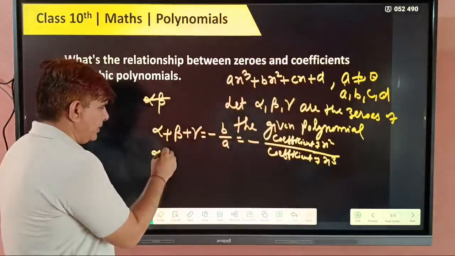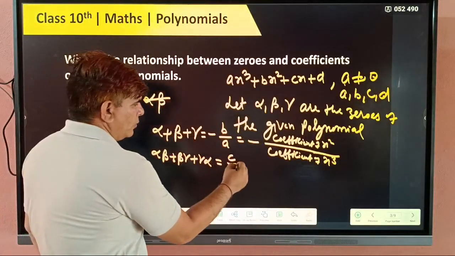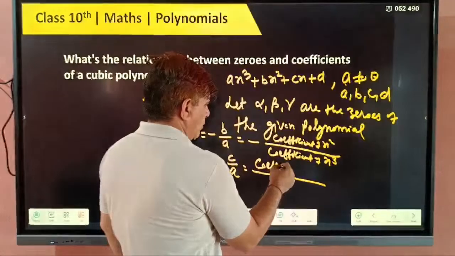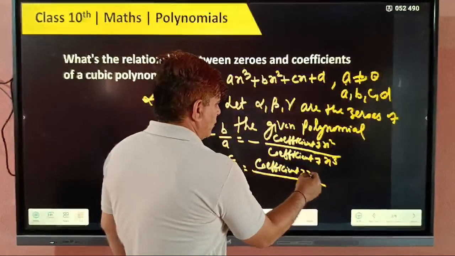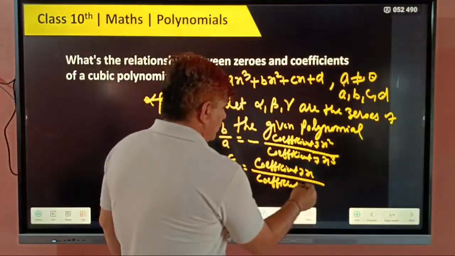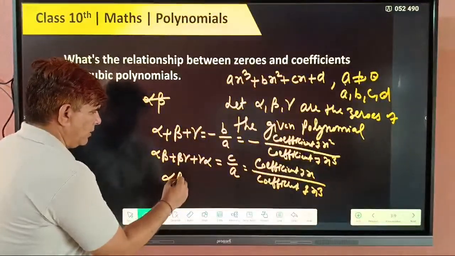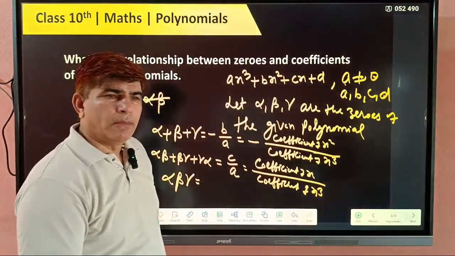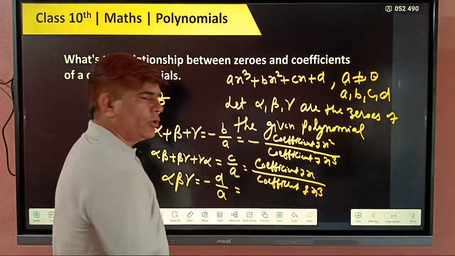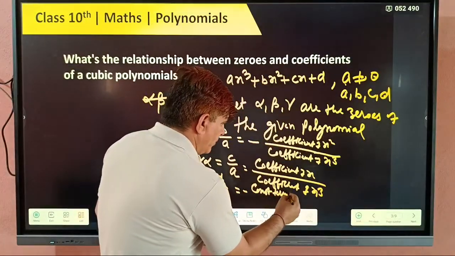Alpha beta plus beta gamma plus gamma alpha is equal to c by a, which is the coefficient of x divided by the coefficient of x cube. And what's the product alpha beta gamma? Minus d by a. What's your d? The constant term, so minus the constant term divided by what?